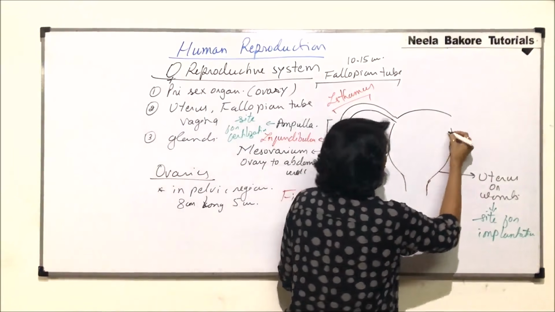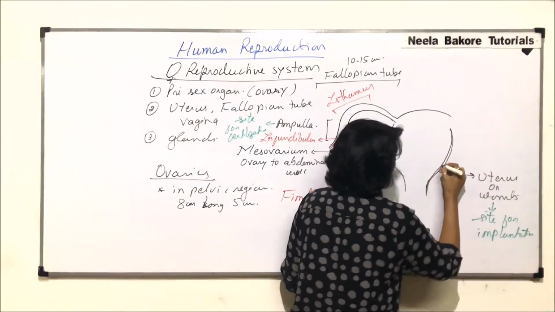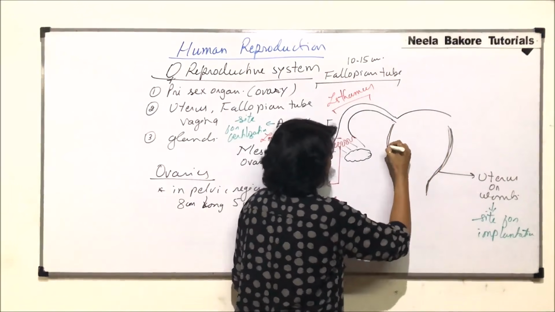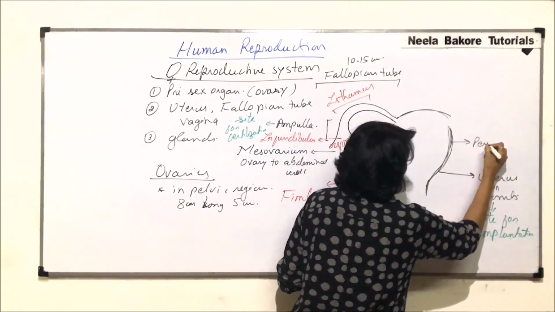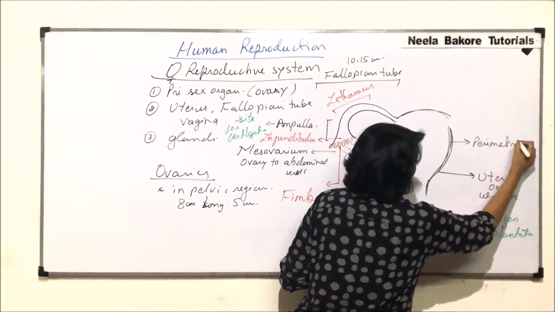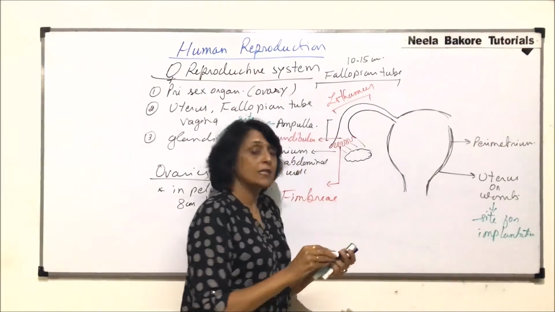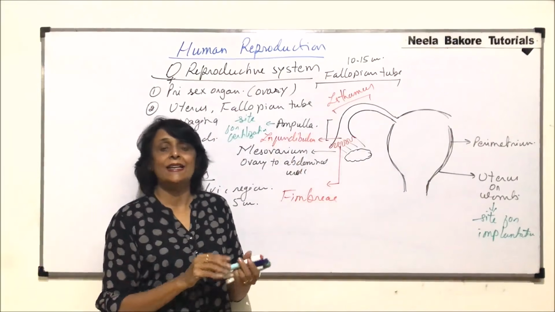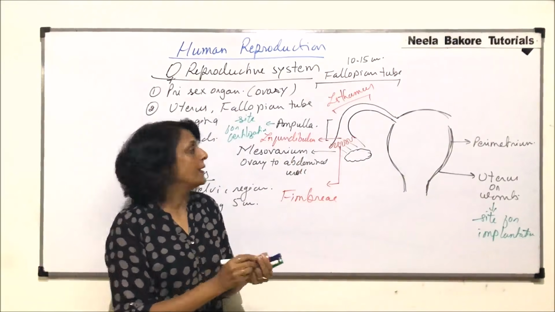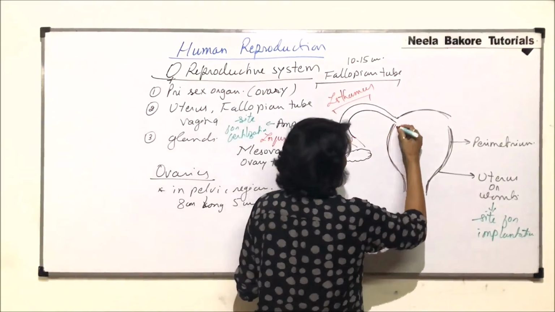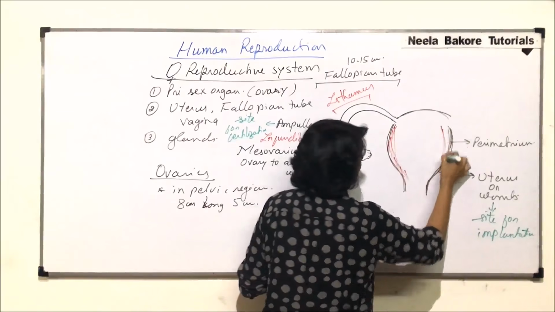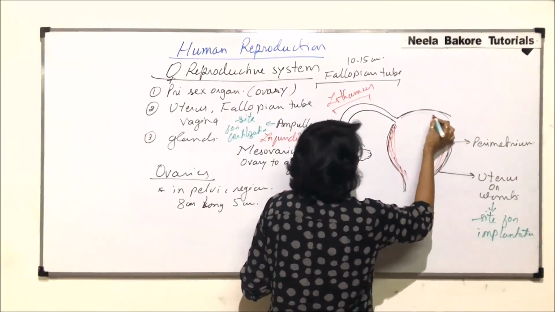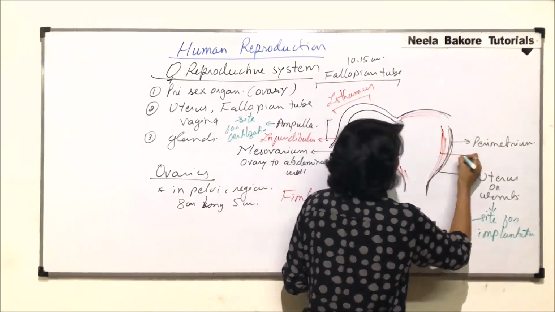The outermost layer is known as the perimetrium. Outer is perimetrium. This is fibrous so that it provides little strength to it. The next layer is a muscular layer which is very well developed, and this layer is known as the myometrium.